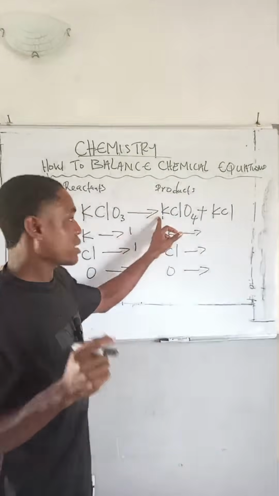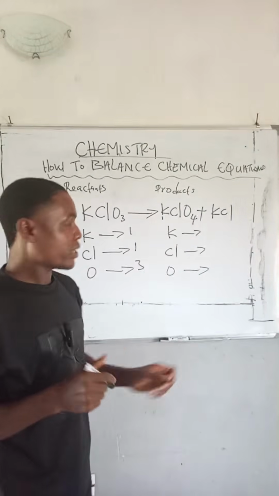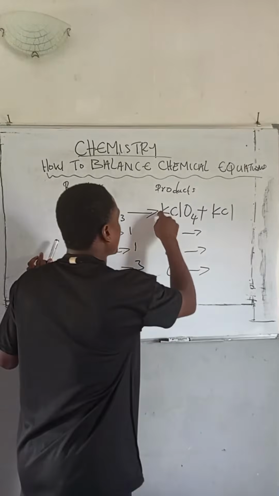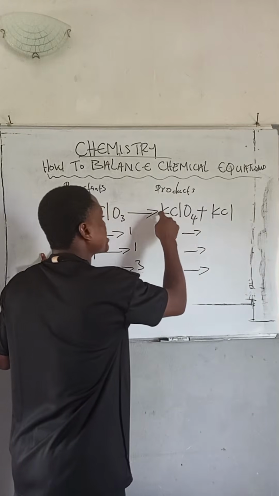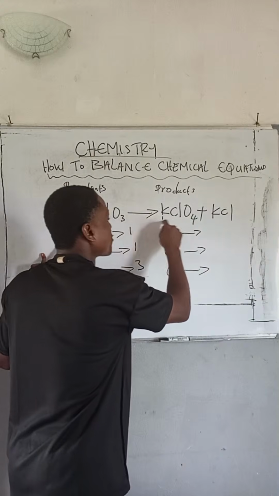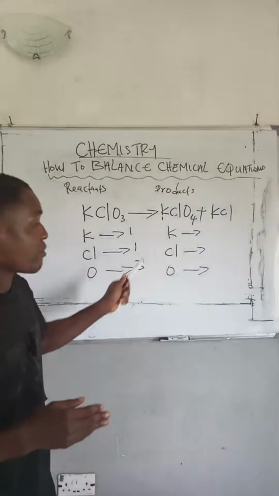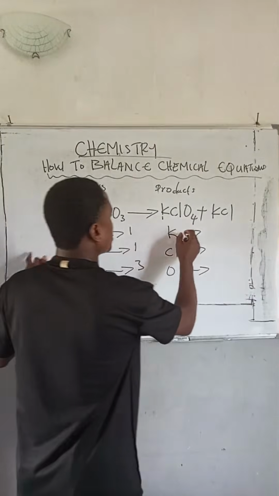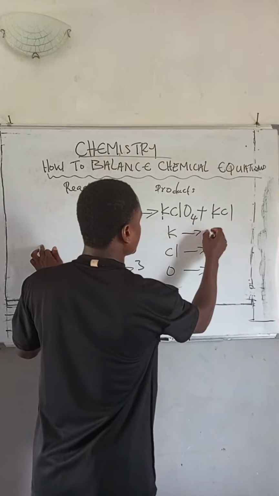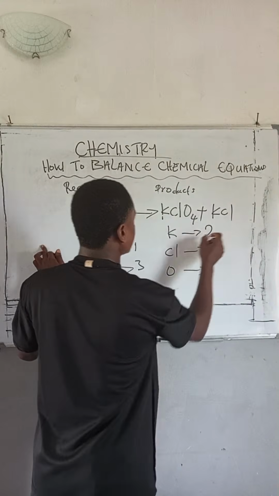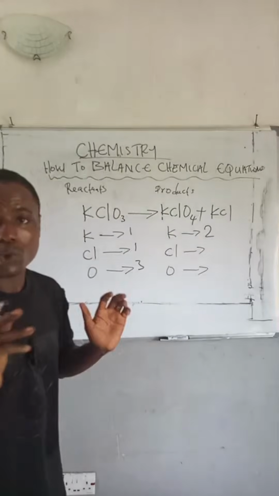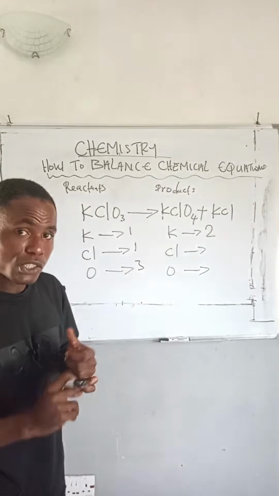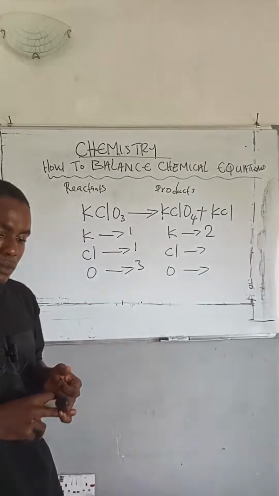Any number you see at the back side of any compound is affecting everything. It's affecting all the atoms. So this plus this will give us what? 2 chlorine. It's addition, not multiplication. So take note.